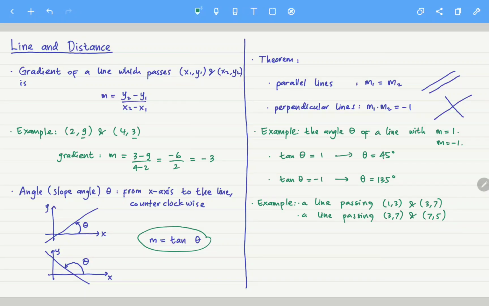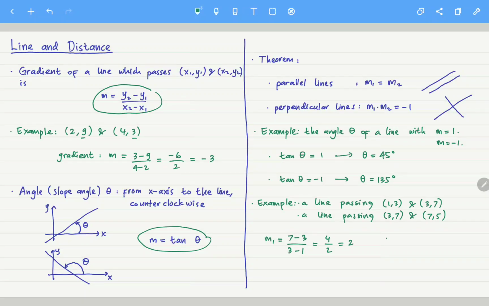So first we can calculate the gradients of the two lines. We have the gradient of the first line. We can use the following equation. So y2 minus y1, 7 minus 3, divided by x2 minus x1, 3 minus 1, this is 4/2, so this is equal to 2.